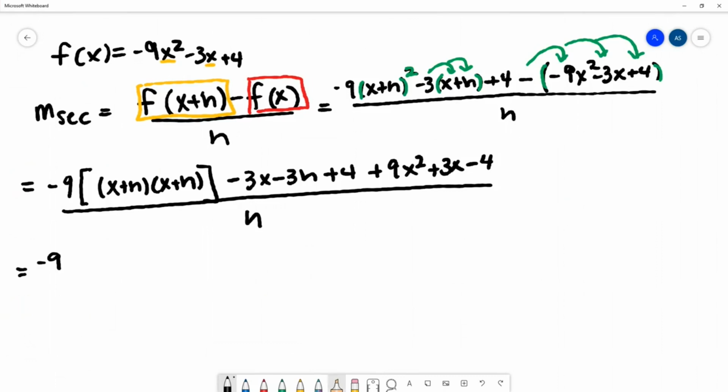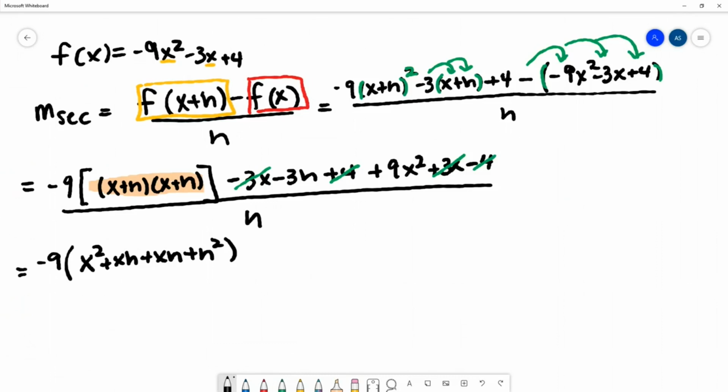Now I'll focus on multiplying out this x plus h times x plus h. That will be x squared plus xh plus xh plus h squared. And I'll go ahead and do a little bit of canceling here. We have a negative 3x and a positive 3x, a plus 4 and a minus 4 that zero out.